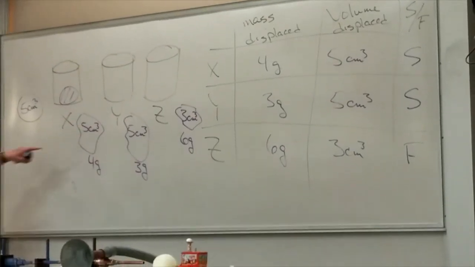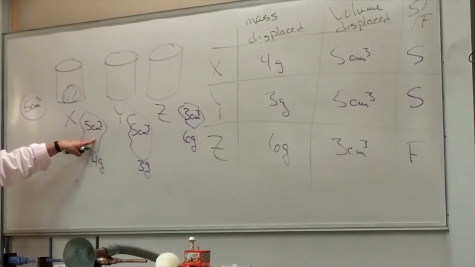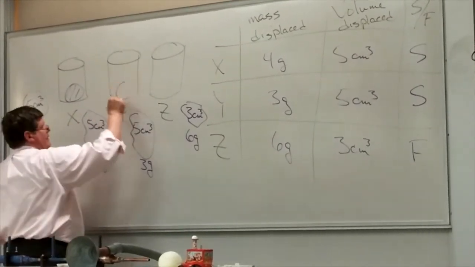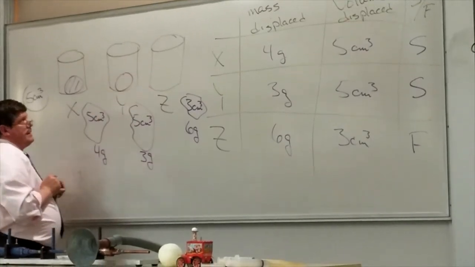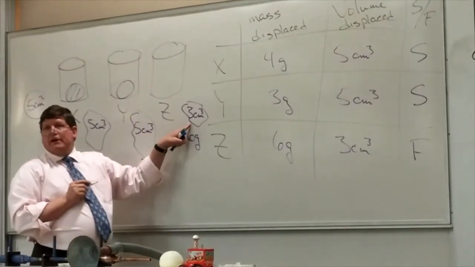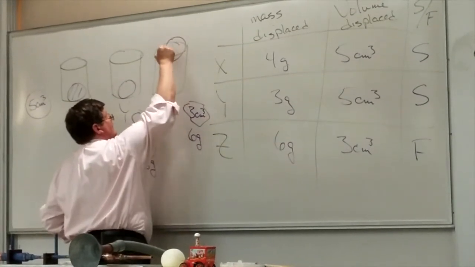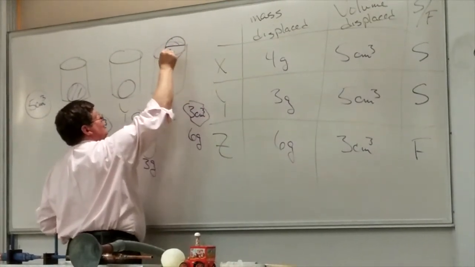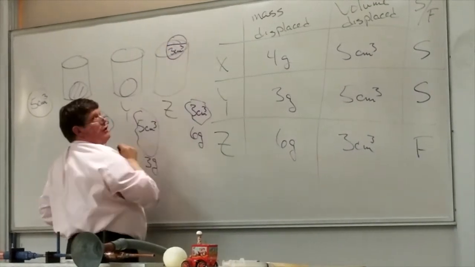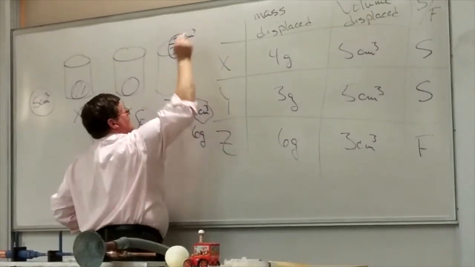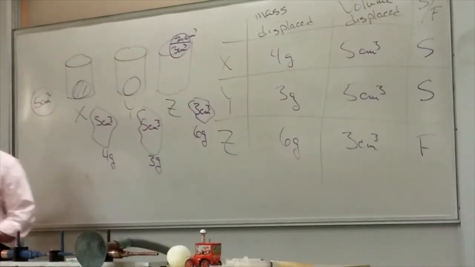It had to go elsewhere. And so I displace an amount of liquid equal to its own volume. Likewise here. But here, only 3 centimeters cubed spilled out. So that tells me that this thing must be floating. And it's floating with 3 centimeters cubed below the surface and 2 centimeters cubed above the surface.